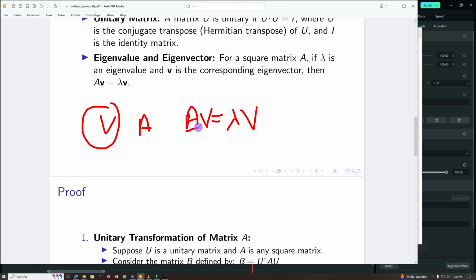This is a matrix, this is a vector, and when a non-zero vector is multiplied by a matrix, that results in a vector multiplied by a scalar. That scalar is the eigenvalue of this A, and B is its corresponding eigenvector.